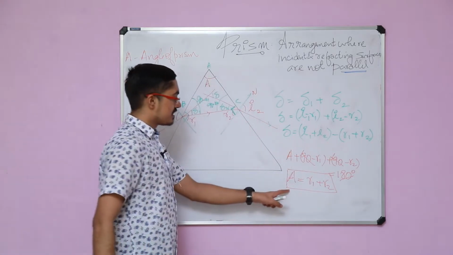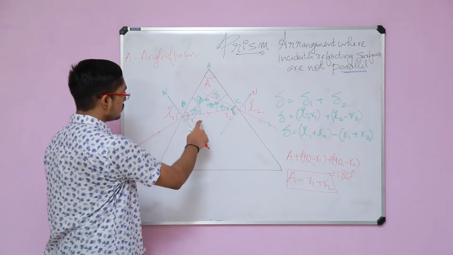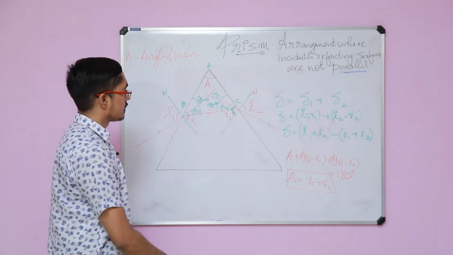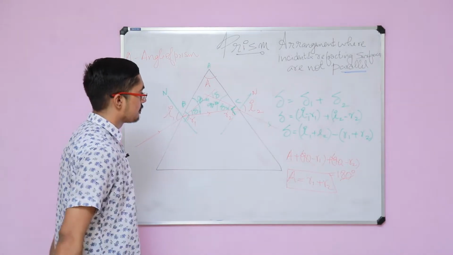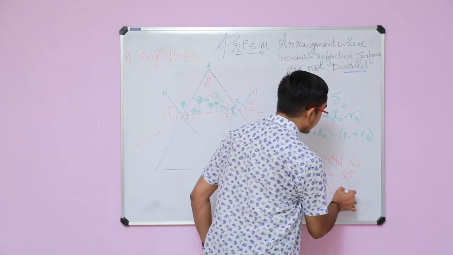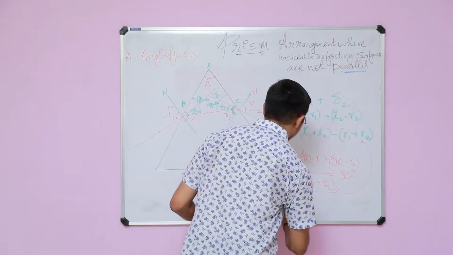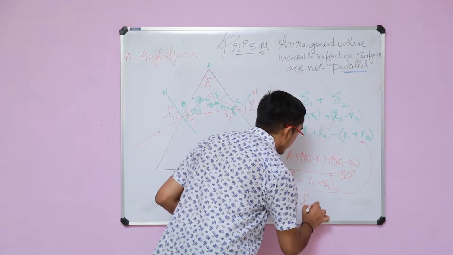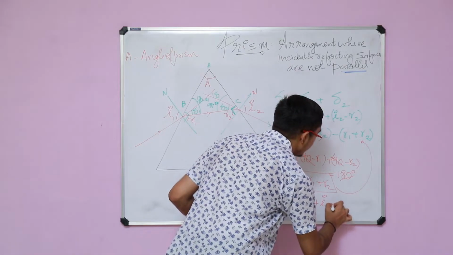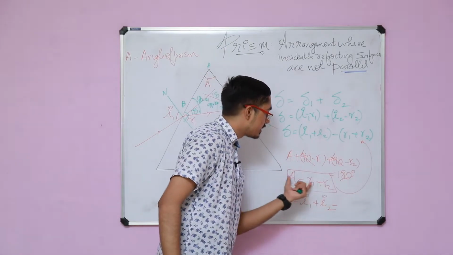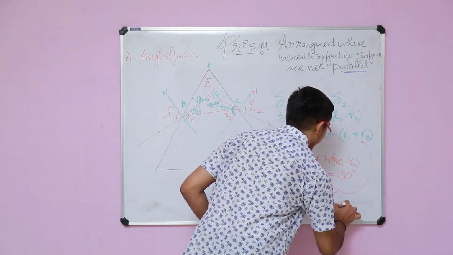The angle of prism is equal to the two angles of refraction when they are added to each other. Now, you will just plug in this particular value over here. So, you will get another important equation, that is delta is equal to I1 plus I2 minus, in place of R1 plus R2 you are plugging in A, so that is A, right.